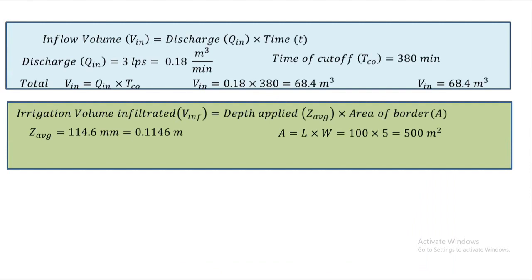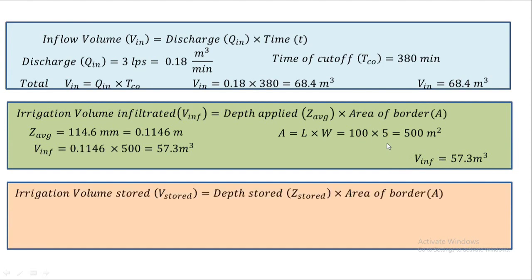And area of border is length multiplied by width, which is equal to 500 meter square. So the total volume infiltrated was 57.3 meter cube. Total inflow volume was 68.4 meter cube, infiltrated volume was 57.3 meter cube.